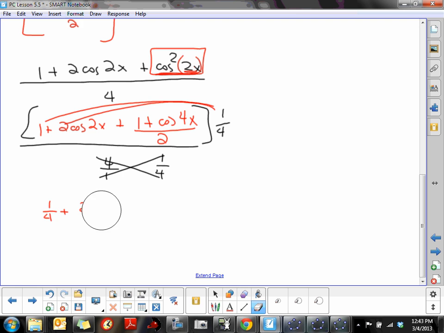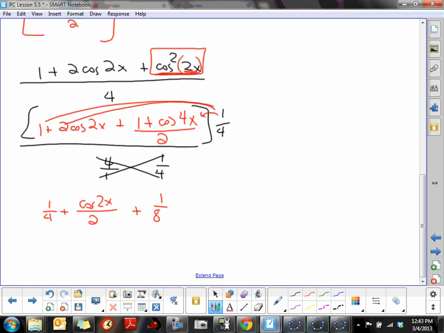Only I wanted the 2 on the bottom because it's a 4, so it's cosine of 2x all over 2. Then plus, if I take 1/4 times this, it'll end up giving us 1/8 of 1 plus cosine of 4x. And you could put it all over 8 if you wanted.